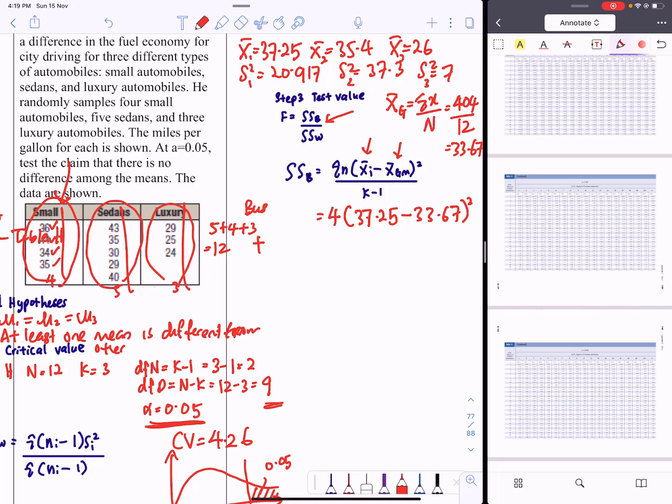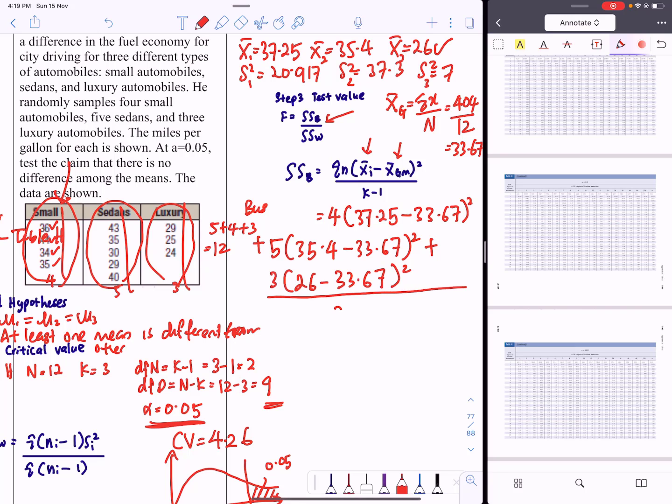Plus second kita ada 5, kemudian what is the mean? 35.4 minus 33.67 squared, and then we plus the third one is 3, and then we have 26 minus 33.67 squared. Okay, and then divide by k minus 1. K is 3 minus 1.